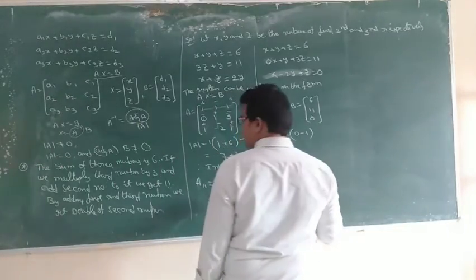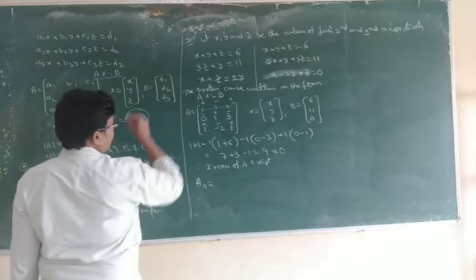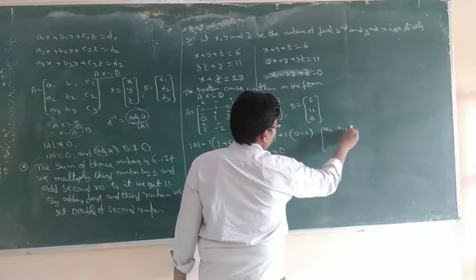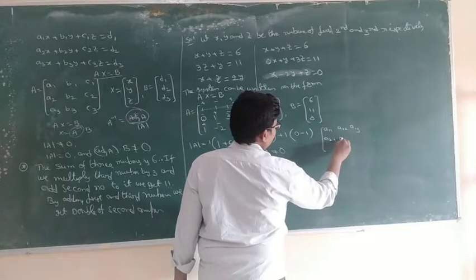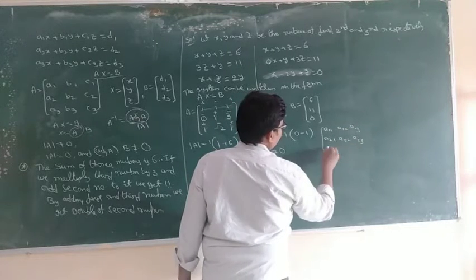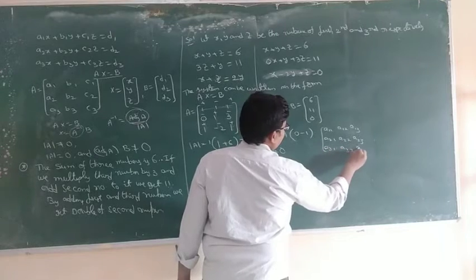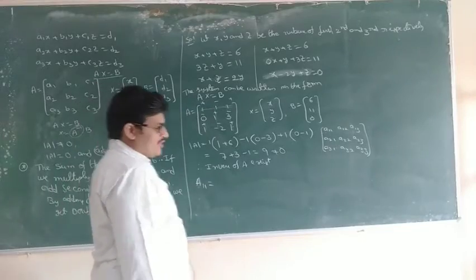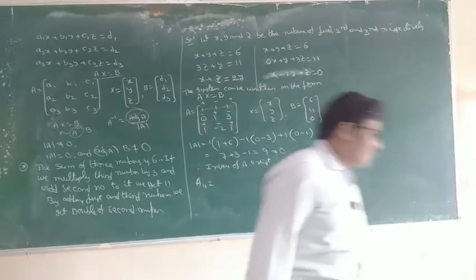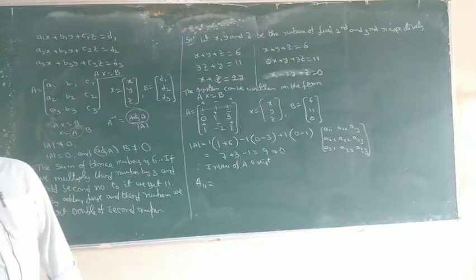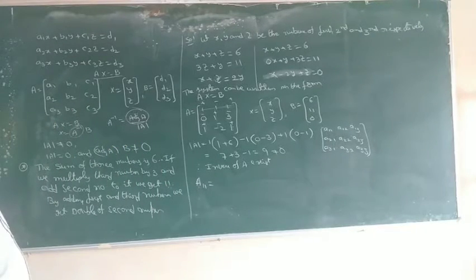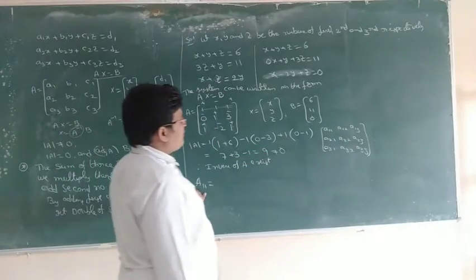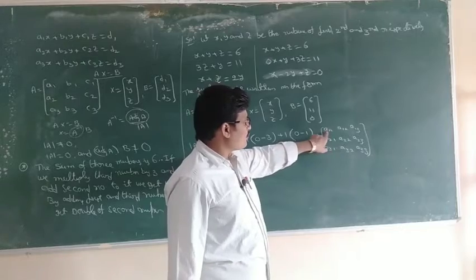The matrix entries are a11, a12, a13, a21, a22, a23, a31, a32, a33. Once again, listen carefully: capital A11 means the cofactor of small a11.